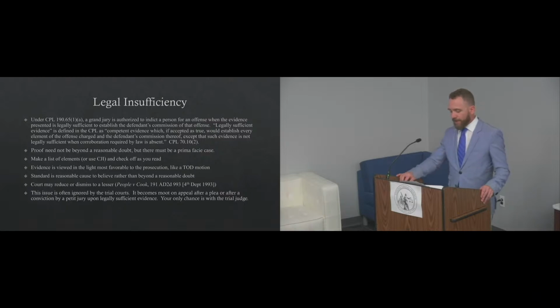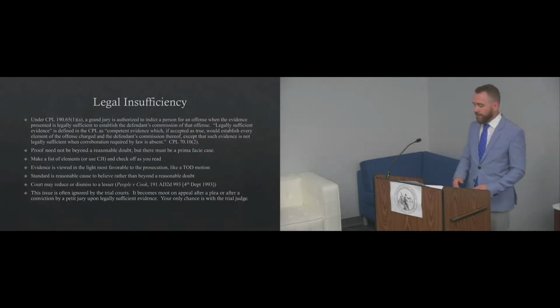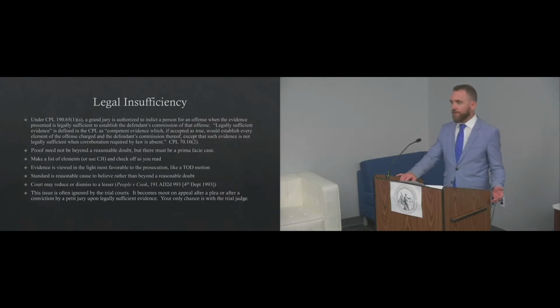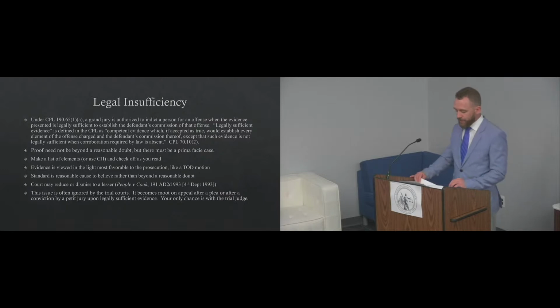Things like that are things you want to look at. It's usually your discrete elements. Once in a while, maybe they'll forget to prove identity or prove that it happened in the county of Erie. Those are all things you want to make sure you're checking off as you're reviewing your grand jury minutes.